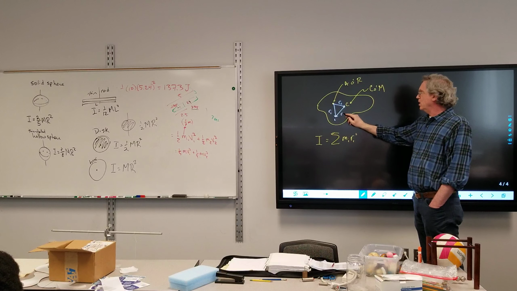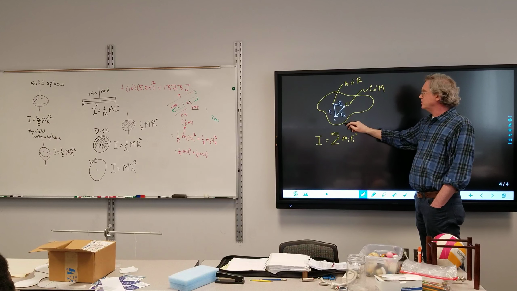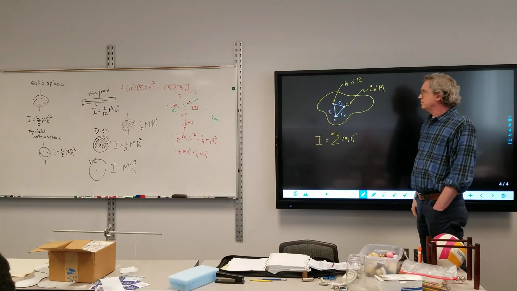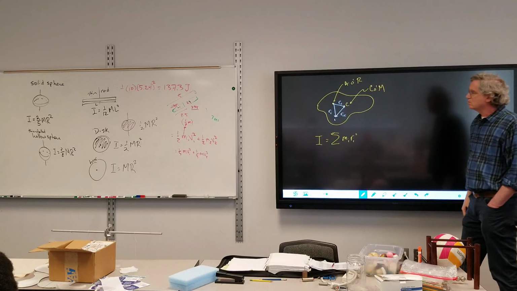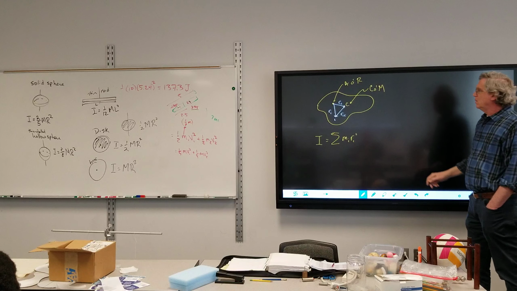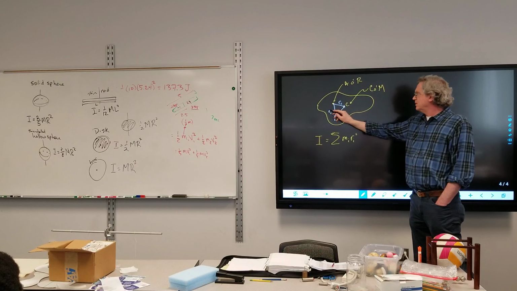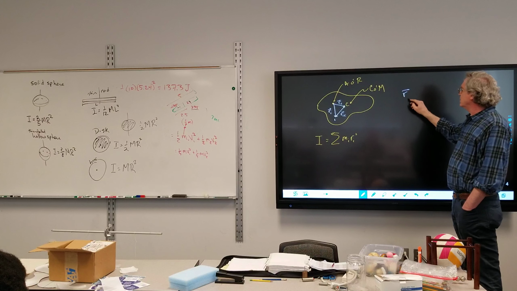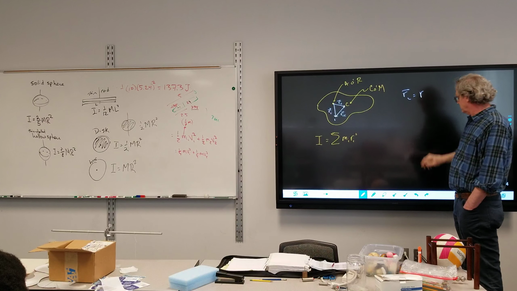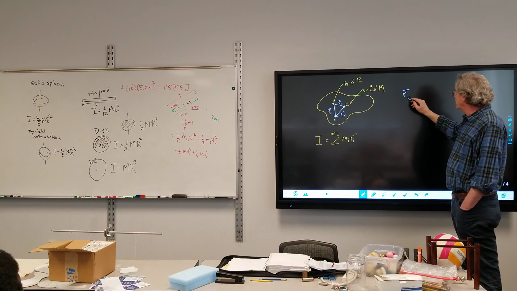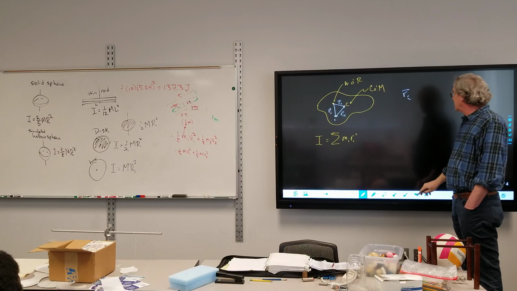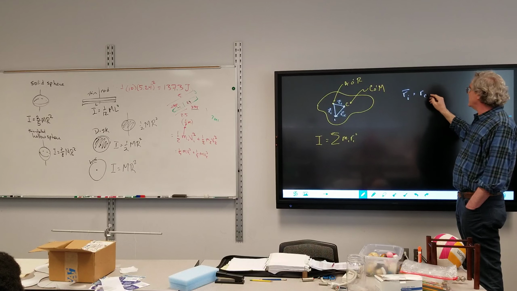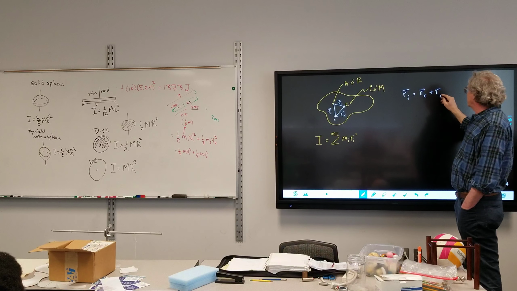And this I'm going to label as r sub ic, so it's basically the location of i with respect to c. These are vectors. So r sub i is just r sub c plus r sub ic.